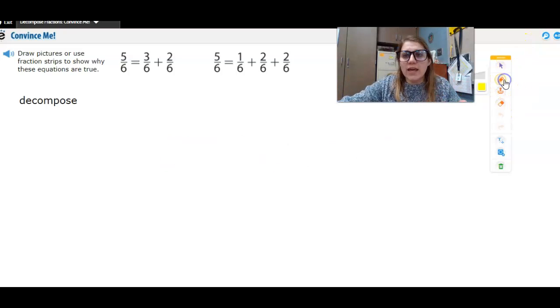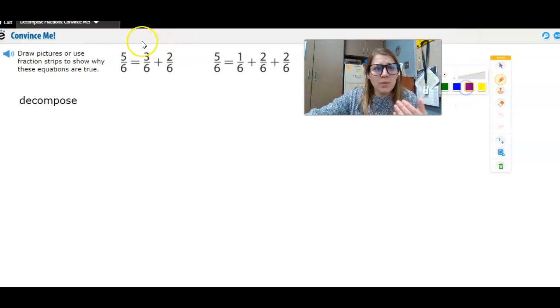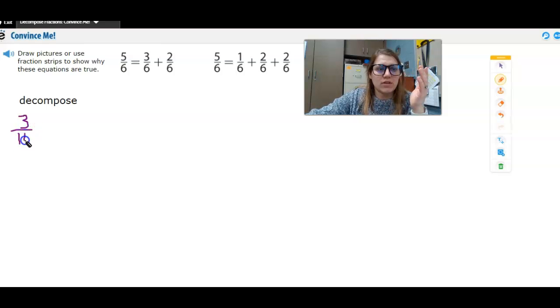So for example, now this one doesn't have to do with the Convince Me, but for example, if I had 3 tenths and I wanted to break that apart, I'm thinking of splitting my numerator.